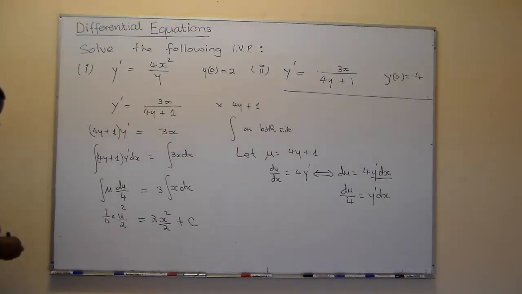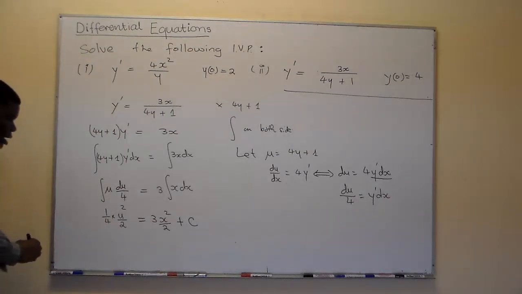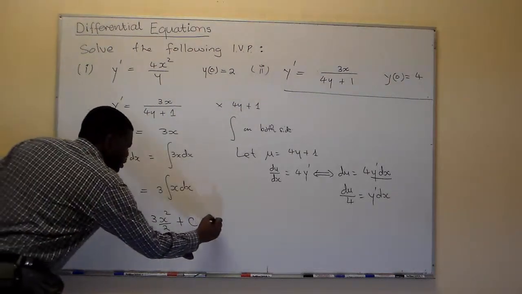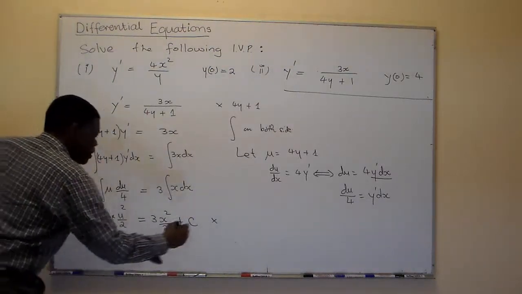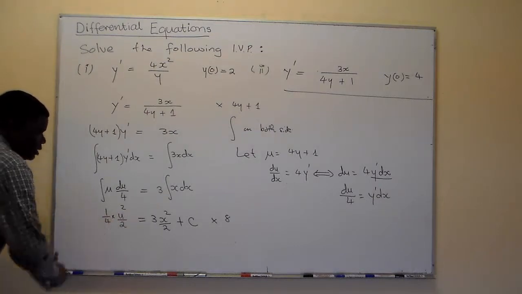So now what you can do is simplify this, and we can multiply both sides by 8. So you see that the denominator is going to be 8.